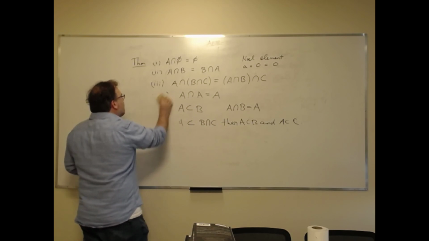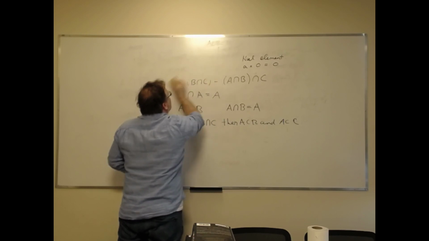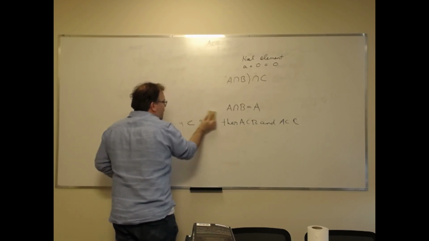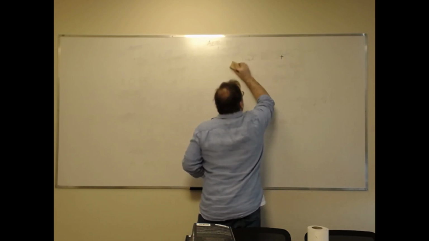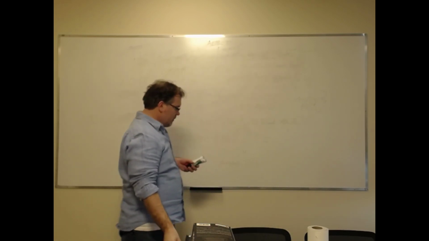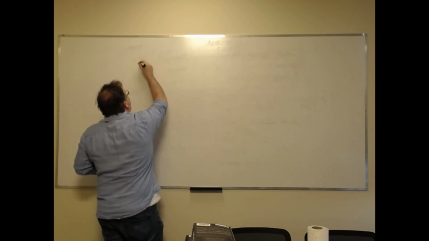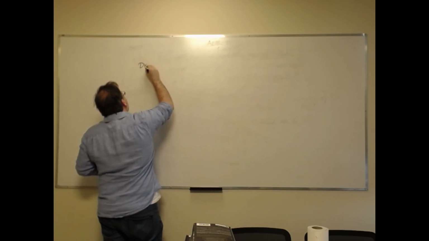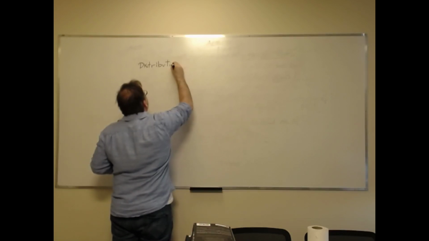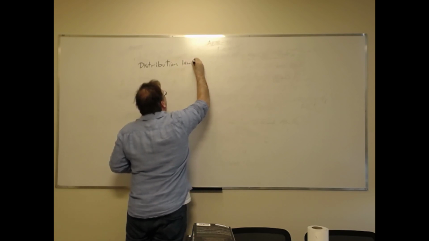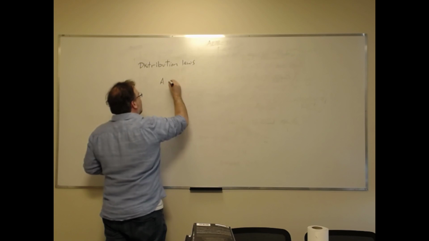There are a couple of properties that I'll mention about the connection between binary union and binary intersection. And this is the following. You remember the distributive laws that we had in logic for disjunction and conjunction? Well, guess what? We have the same.